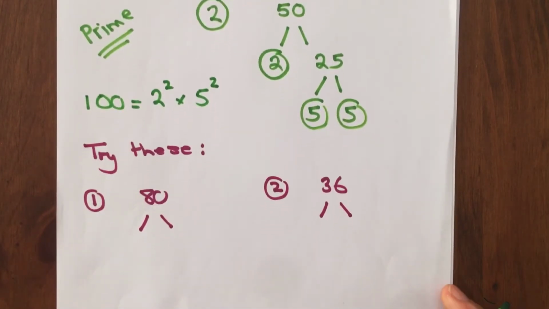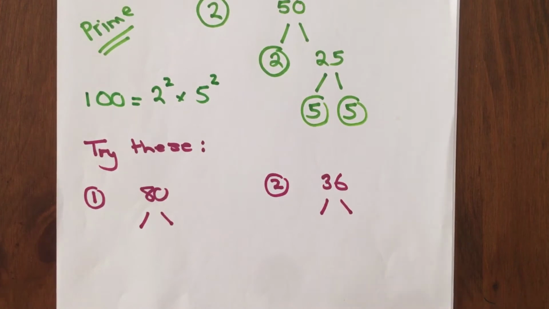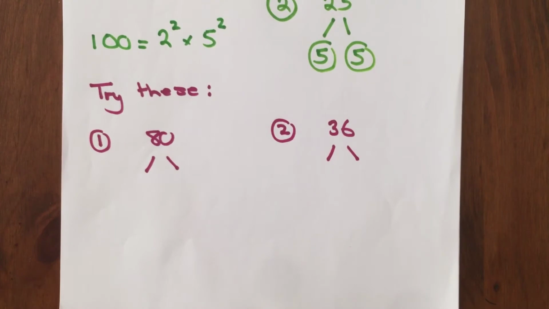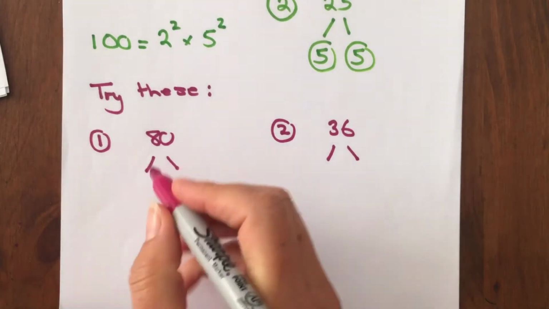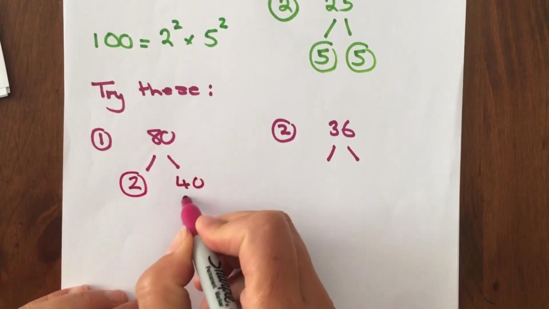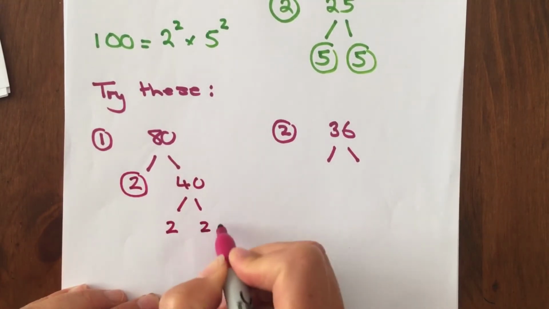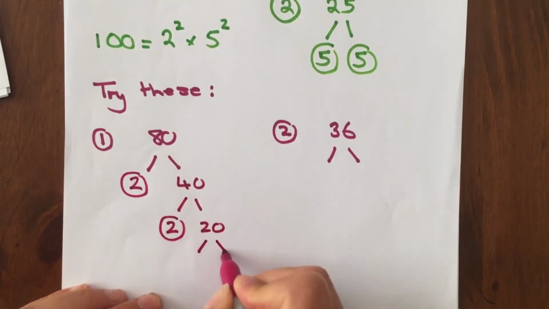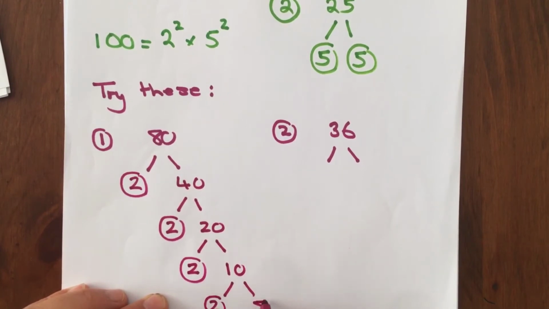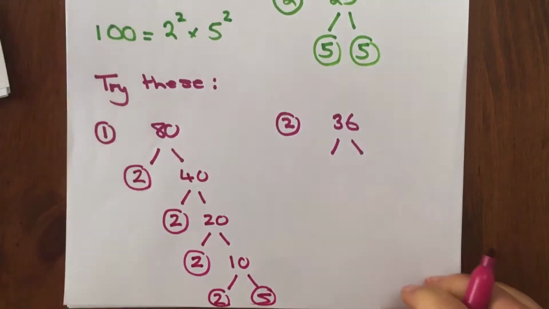Okay, I want you to have a go at these two now, writing them as a product of their prime factors. Pause, stop the video, have a go. Okay, 80: 2 times 40, 2 is prime. 40, 2 times 20, 2 is prime. 20, 2 times 10, 2 is prime. 10, 2 times 5, 2 and 5 are both prime.